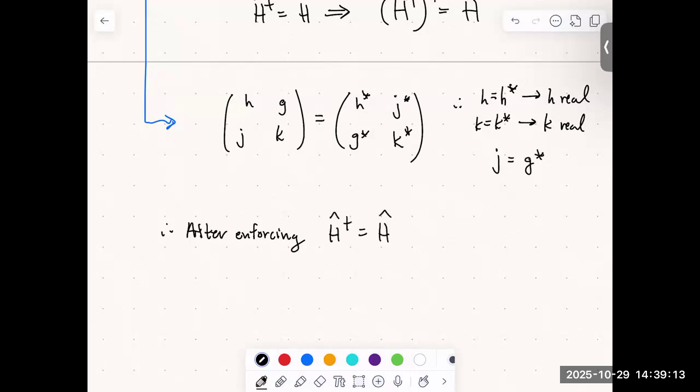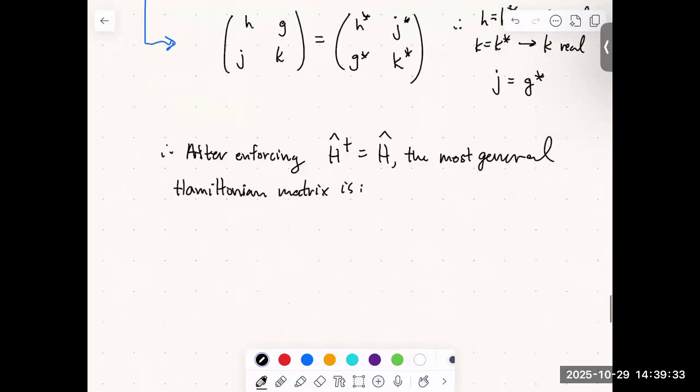So after enforcing that our operator is Hermitian, the most general Hamiltonian matrix is, well, okay, H, G, G star, K. So I replace J with G star.